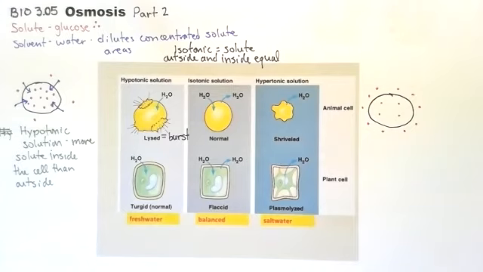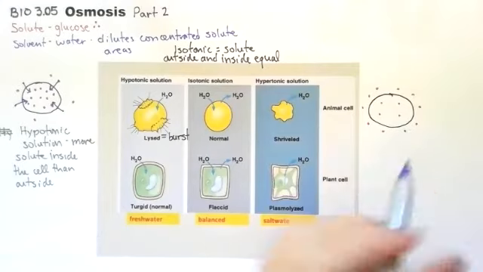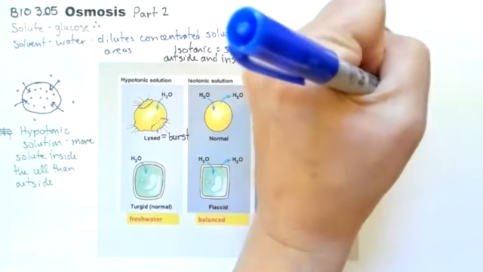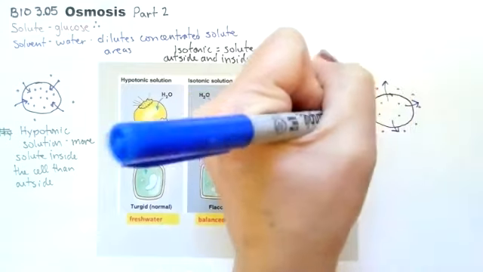Remember, we're not talking about the solute moving. We're talking about the water spreading things out and making it even. So do you understand how the water is going to flow in this scenario? The water is going to flow out of the cell to try to spread out these solute molecules.